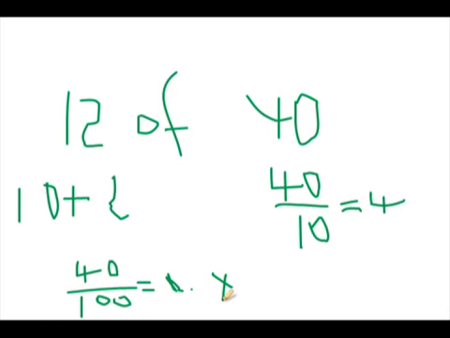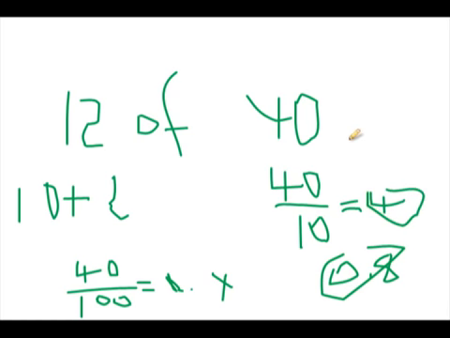This is the 1%, and 2 times 1% gives me 0.8. So 12% is the 2% plus the 10%. By adding them, they give me 4.8. That's 12%.